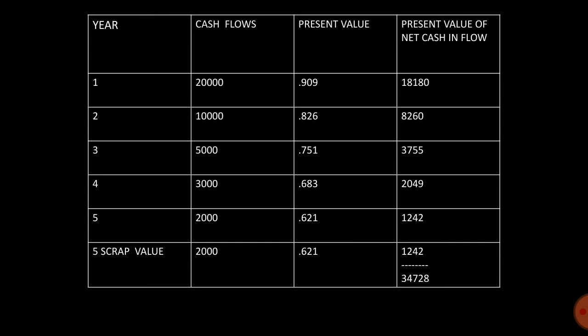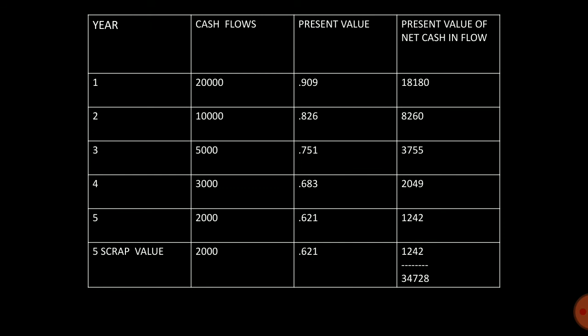Then the next column is present value of cash inflow. We multiply cash inflow with present value, that is 20,000 into 0.909, and that is 18,180. Then second year 10,000 into 0.826, and present value is 8,260. Then third year it is 3,755.